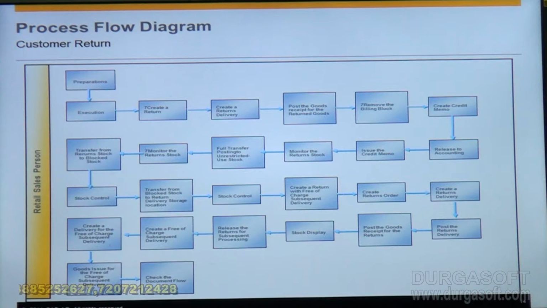So to get all these requirements, we need to go with the goods issue, which is the free of charge subsequent delivery, and check the document flow for each and every requirement.